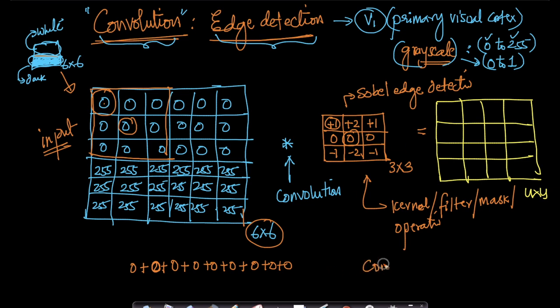It's basically component wise multiplication followed by addition. This is very, very important. It's component wise. The corresponding cells will be multiplied. When I multiply it, what is the value that I got? The sum of all of them is 0. So I'll put a value of 0 here.